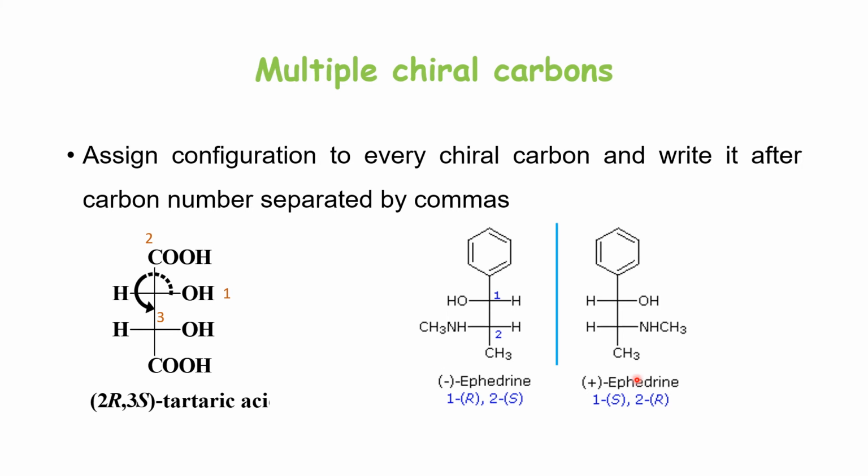Taking the example of ephedrine, here you can observe phenyl as one substituent. So talking about this first carbon atom, oxygen will get first priority. Now there is a competition between the phenyl ring and this carbon. This carbon is attached to only two carbon atoms, but this is attached to one carbon, one nitrogen.